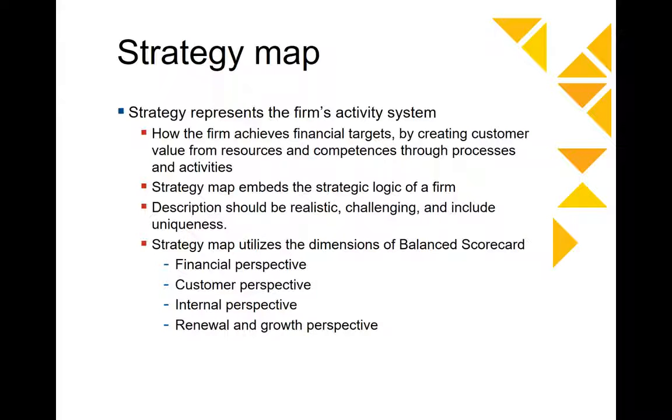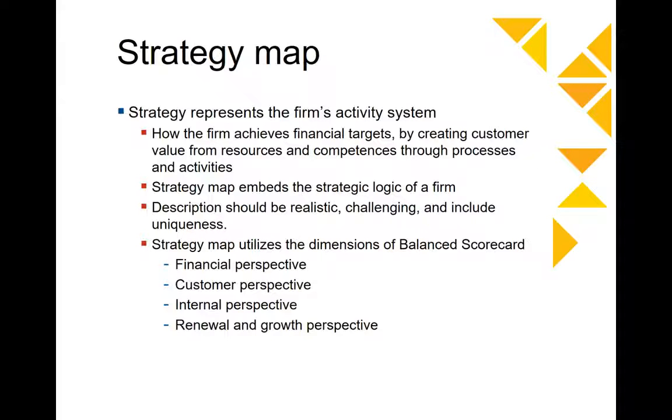So the point is, one of the main issues is how the firm intends to achieve its financial targets by creating customer value from resources and competencies through processes and activities.